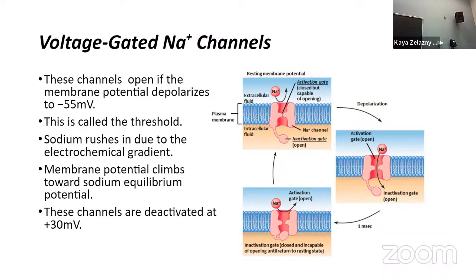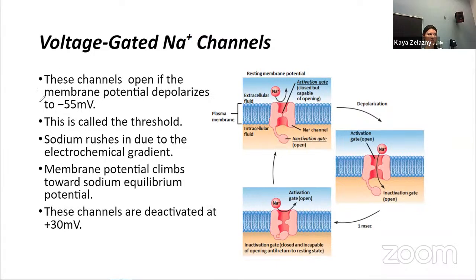The way that happens is that we open a voltage gated sodium channel. Or really, we open several voltage gated sodium channels, kind of all in a line down the axon. That's the reason we pay attention to that threshold, because they open when the cell gets to negative 55 millivolts. When we reach that charge, this sodium channel opens, right?